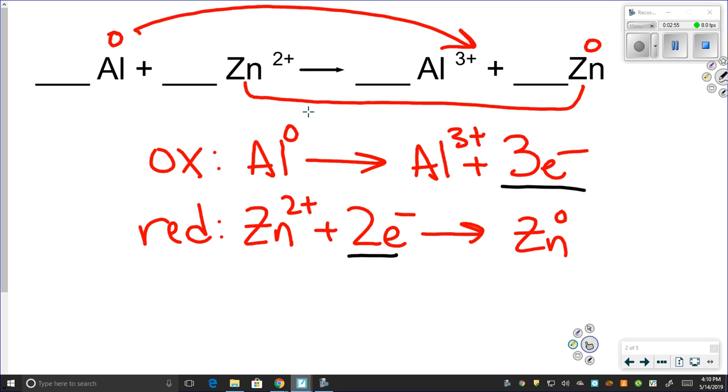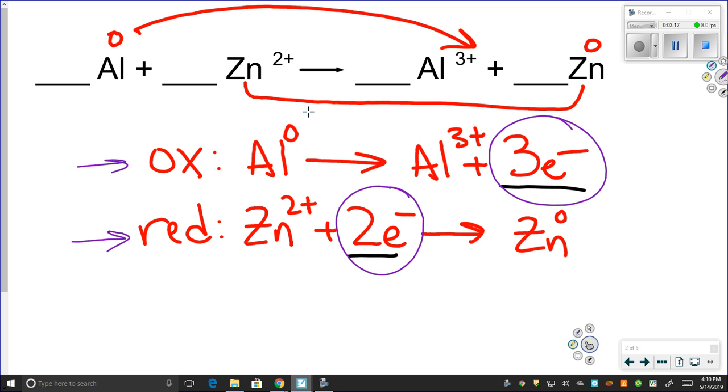Well, what can we do? We can multiply either of our lines or both of them by a number, it doesn't need to be the same number, to balance out our number of electrons. So if we look at our oxidation, this 3 gives me a big clue. What can I multiply this 3 by? What can I multiply this 2 by to give me the same number?